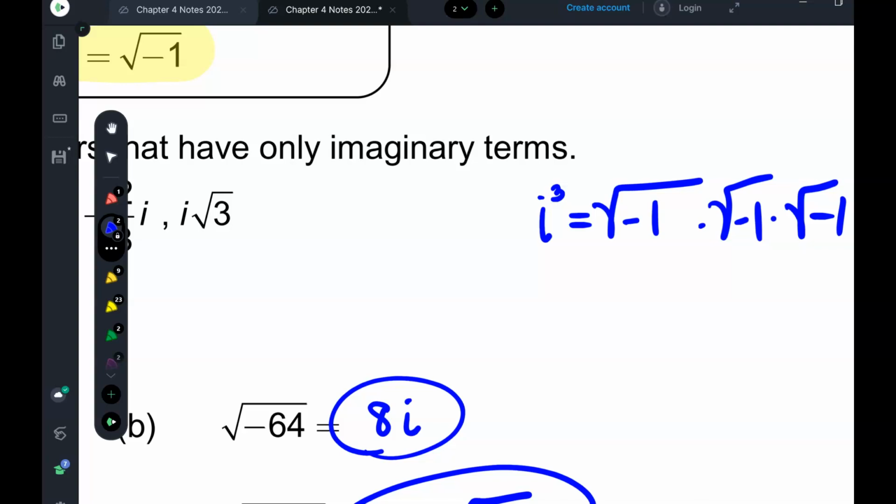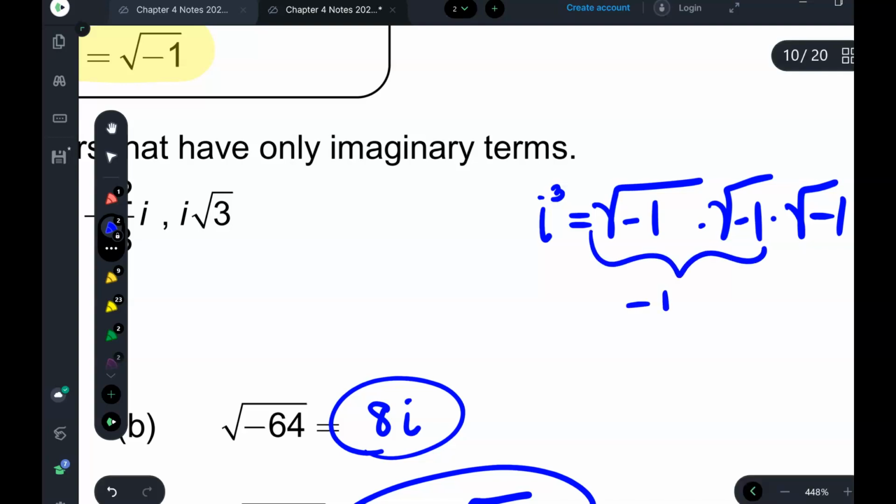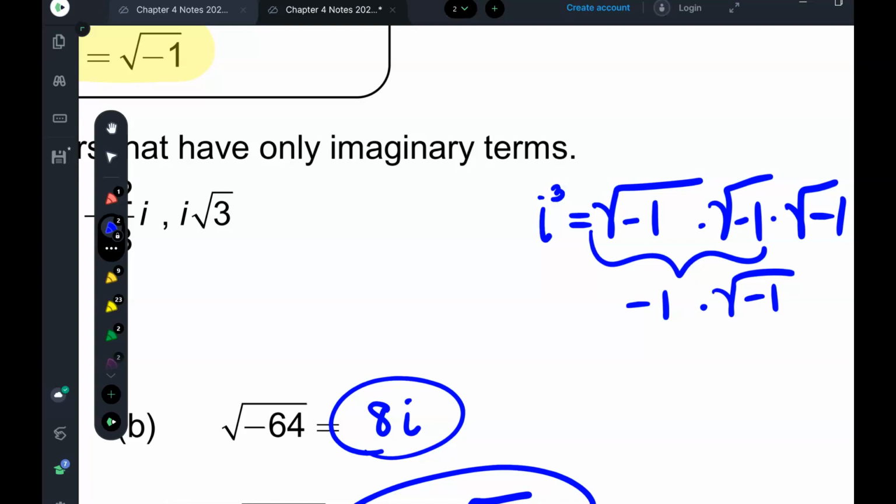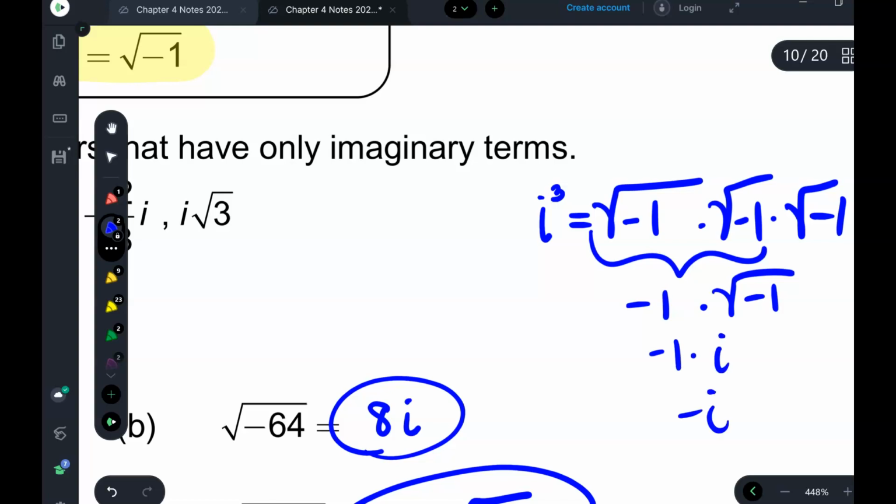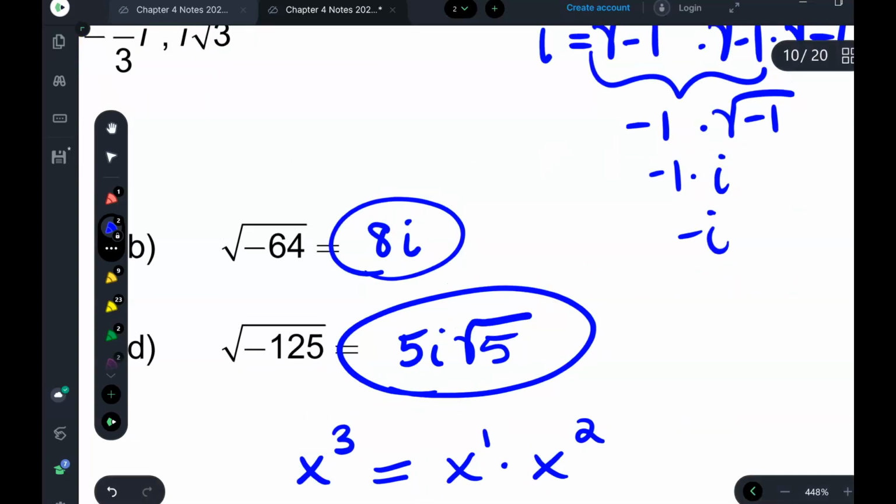What are these two multiplied together? -1. And the square root of negative 1 is our imaginary unit. So it's negative 1 times i, which gives us negative i. So anytime I have i to the third, I know that's the same as negative i.